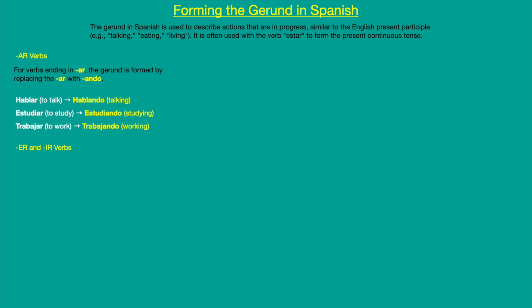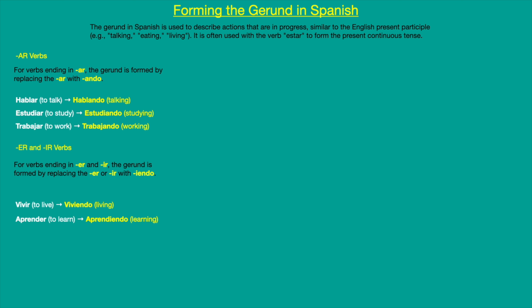For these two endings, we use the same gerund: we remove the ER or IR and add iendo. So if we have vivir, to live, it becomes viviendo.